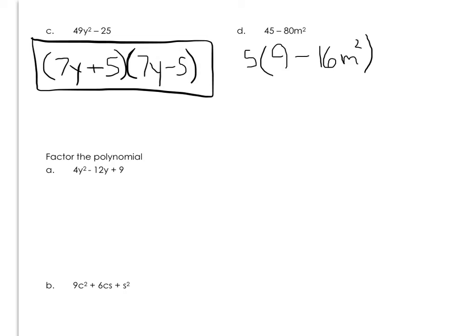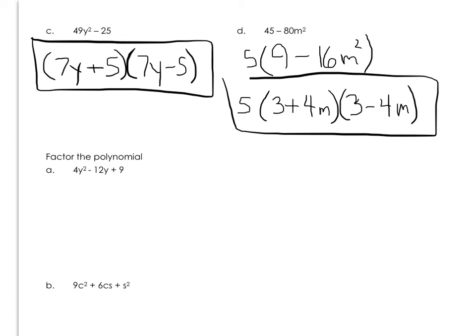Okay, with what's left there, I see 9 is a perfect square. I know 16 is, so I could say that's 3 plus 4m, 3 minus 4m. And again, if you guys aren't really seeing these patterns in here, don't worry about it. You can still throw it into a box. It's still going to factor the same exact way we've been doing it.